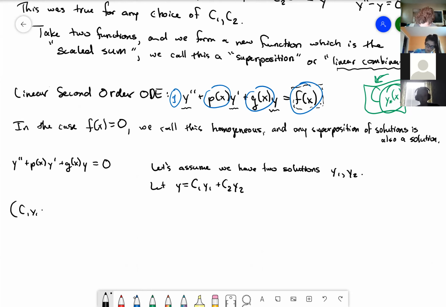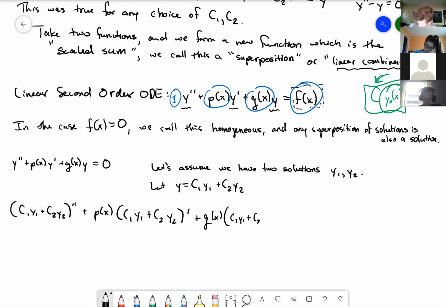We get (c1 y1 plus c2 y2) double prime plus p of x times (c1 y1 plus c2 y2) prime plus q of x times (c1 y1 plus c2 y2) equals, we're hoping this thing is equal to 0 because that will tell us it's also a solution.